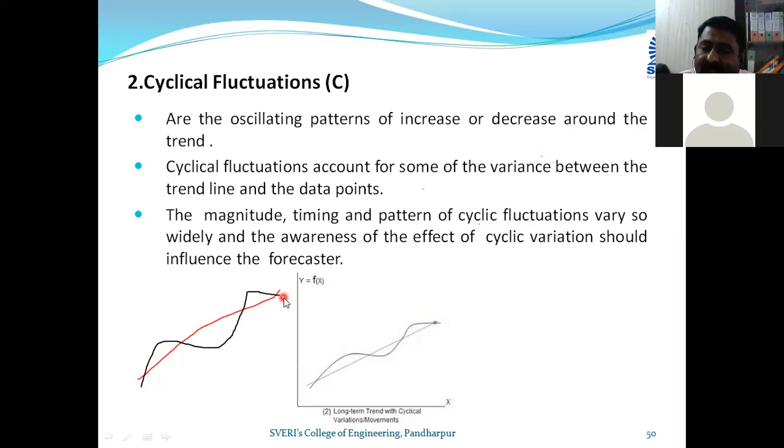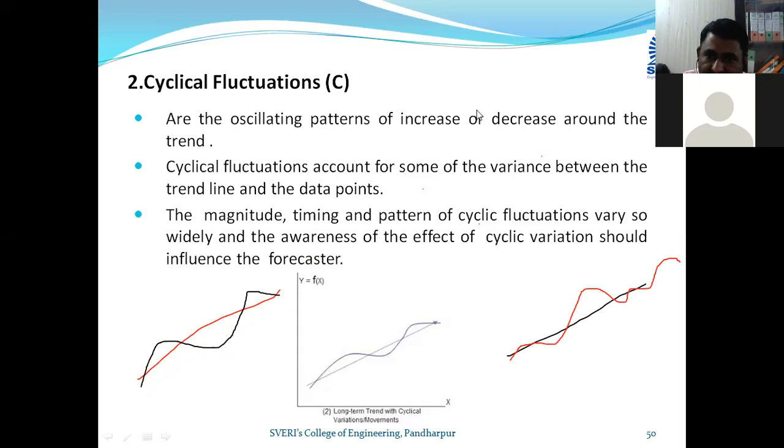The magnitude, timing and pattern of cyclic fluctuations vary. It is not the case that it is always like this. In some cases, you can say this is your straight line, and your cyclic fluctuations may be like this. Here the timing and pattern are completely different.